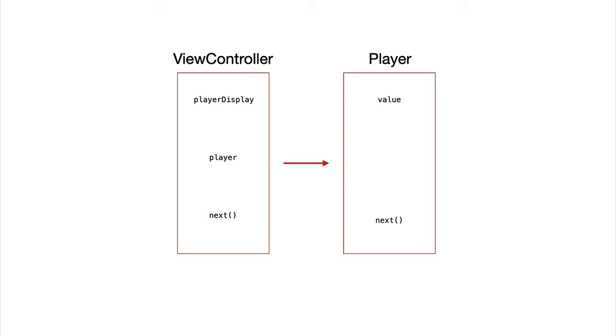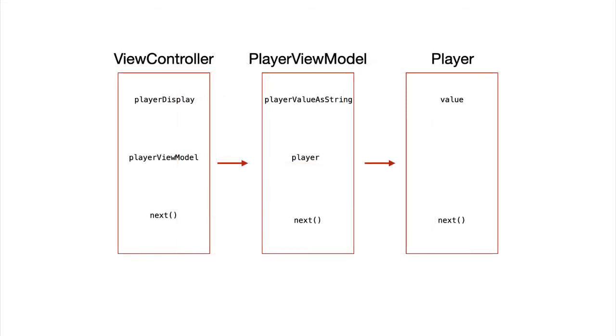Now remember that problem we had in Combine, where player is holding on to an int, but the view controller wants to display a string, and so sometimes we have a presenter or a view model in between. This guy in between's job is to communicate from the view controller to the model, and also to translate what the model is storing into something that the view controller wants to display. In this case, it'll take the int and convert it to a string and take that back to the view controller.